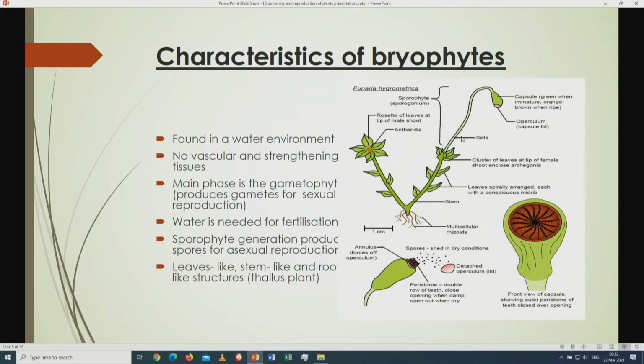So the sporophyte generation produces the spores, as you can see here, for asexual reproduction. So in bryophytes, the leaf-like, the stem-like, and the root-like structures are referred to as a thallus plant.